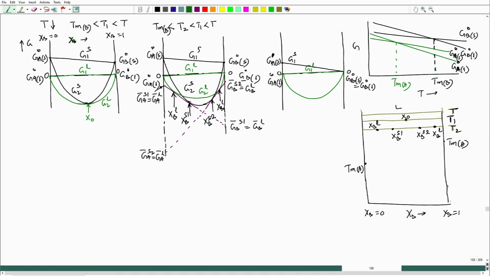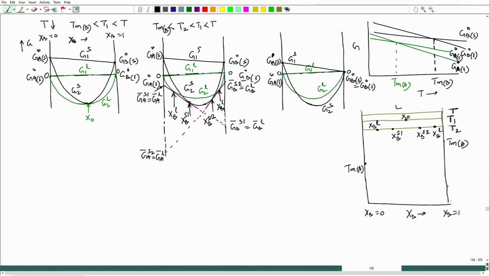Now, if I draw the diagram, that free energy, so this will be G2 of liquid and G1 of solid would be, this will be like this. So, now this is G2 of solid.